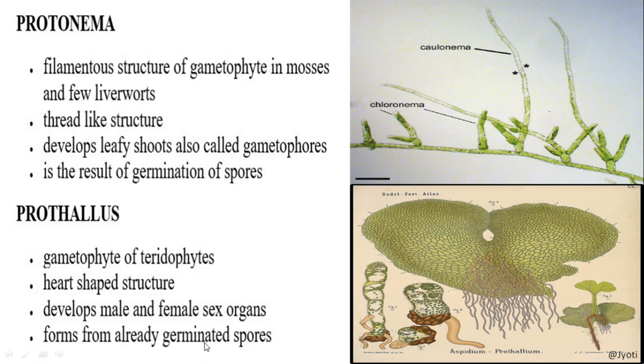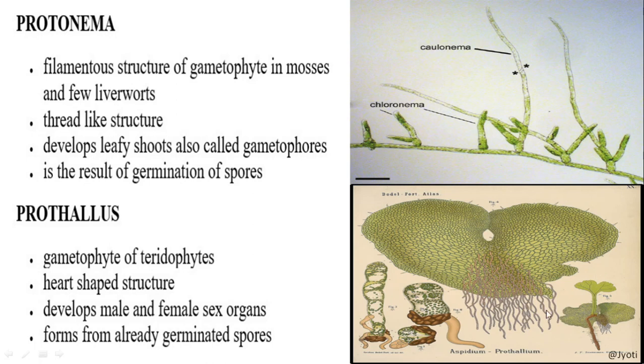Now what is prothallus? Prothallus is found in pteridophyte. Protonema is found in bryophyte. So in pteridophyte, it is the gametophyte of the pteridophyte, and it is a heart-shaped multicellular structure. It produces the male gamete and the female gamete. It has the roots with the help of which it absorbs the nutrient from the soil. Okay, so this structure is called prothallus.